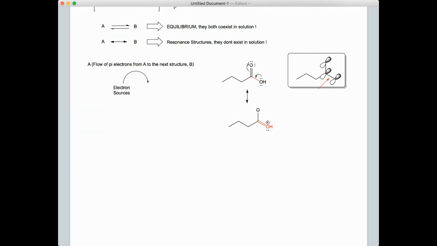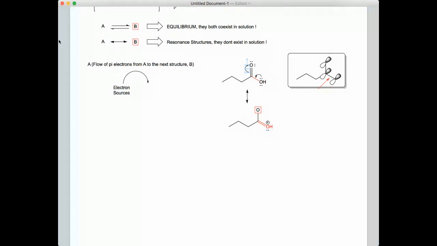So the pi bond is going to come over here. Departing, once again, the arrow is departing from the electron source. In this case, the electron source is a pi bond.